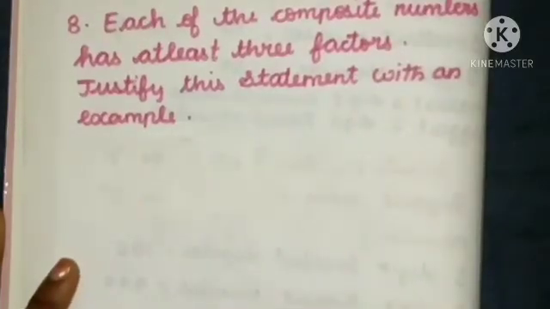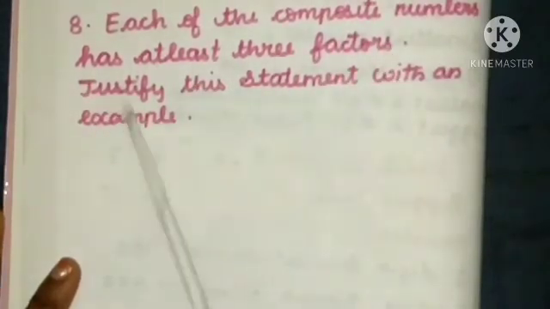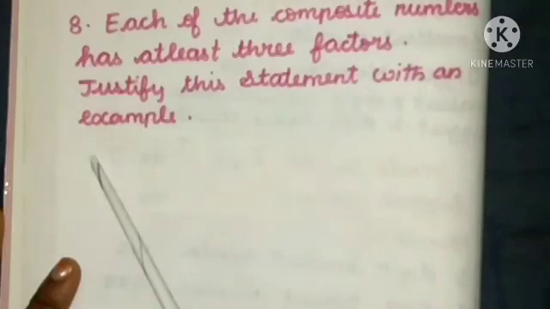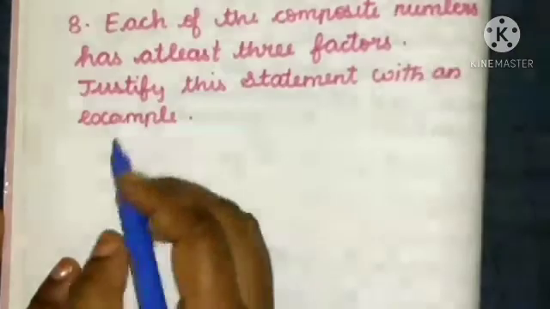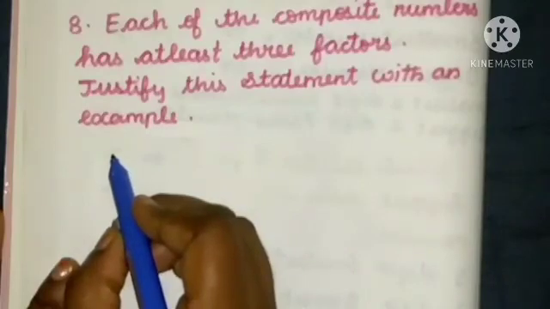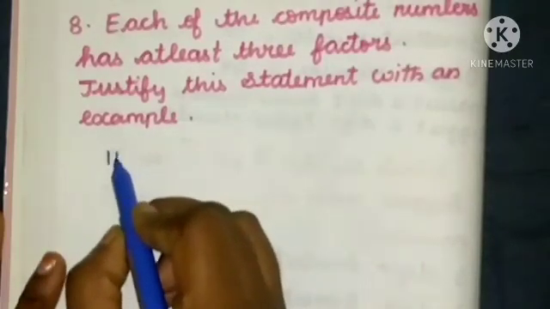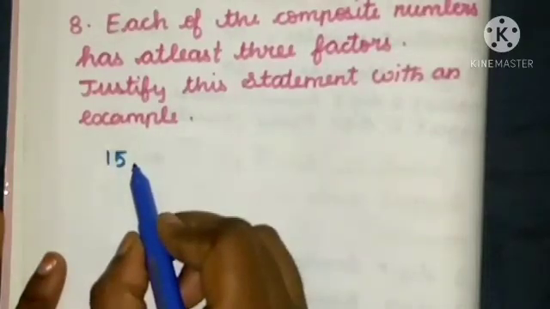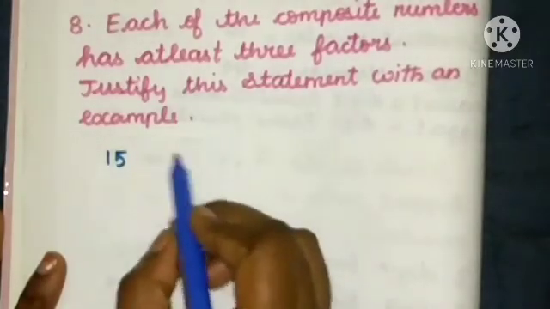Eighth sum. Each of the composite numbers has at least 3 factors. Justify the statement with an example. Students, as you already know, what is meant by composite number? Yes, a natural number having more than 2 factors is called a composite number. You have to justify this statement with an example. For example, 15. 15 has more than 2 factors.